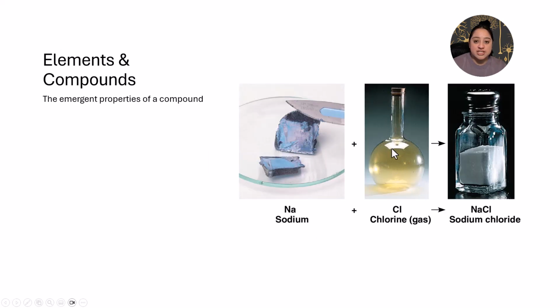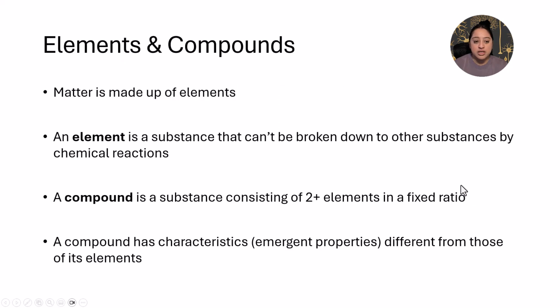Each of those is a different element, but when they're combined in a compound, the compound is sodium chloride, which is table salt, and it's very different, as you can see, from sodium and chlorine. So a compound that is 2 or more elements in a fixed ratio has characteristics that are different from those of each of its elements.